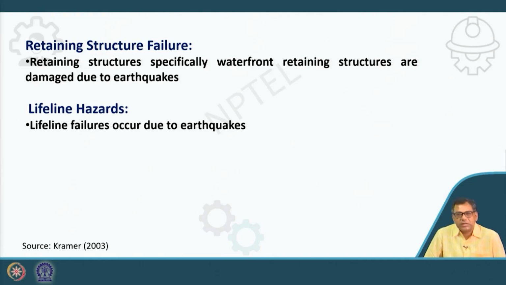All these related facilities will be damaged due to earthquakes, so there will be a total damage of the system, and human life will be affected due to this earthquake.